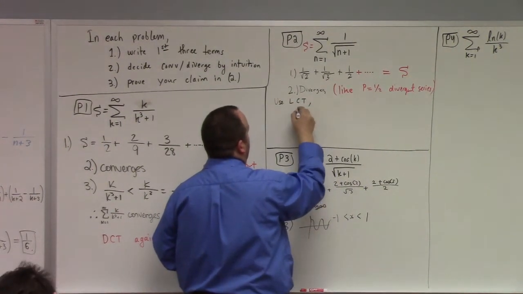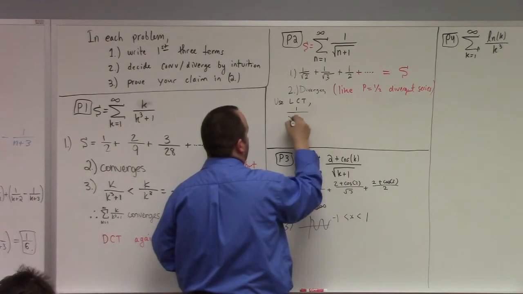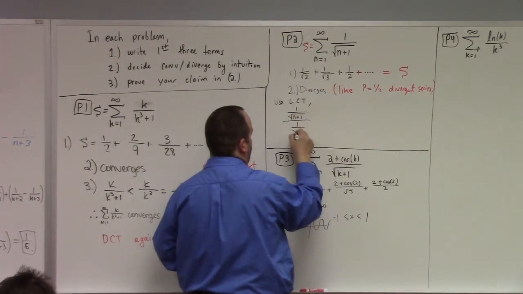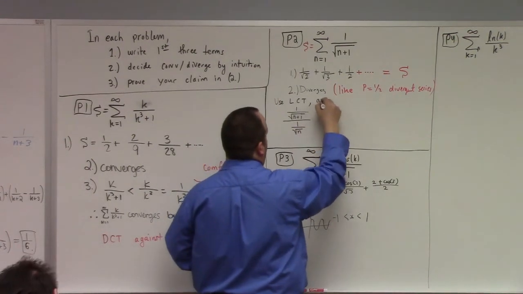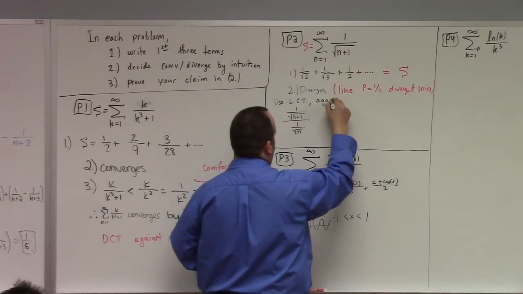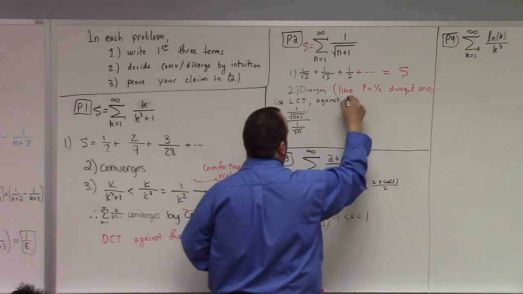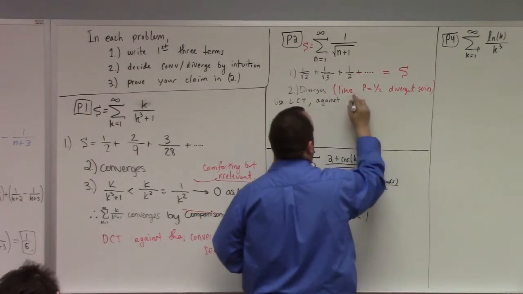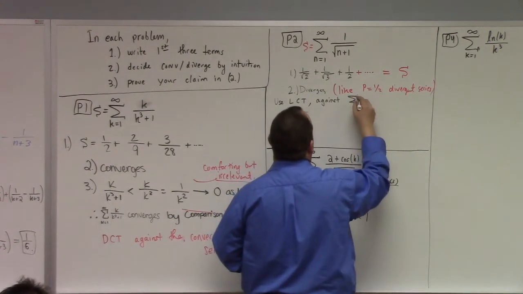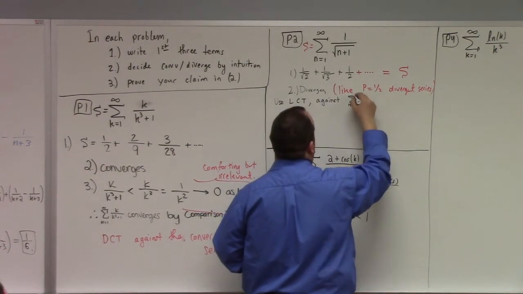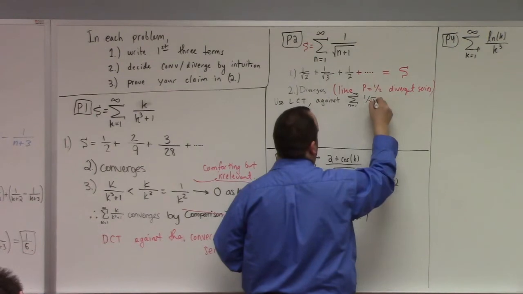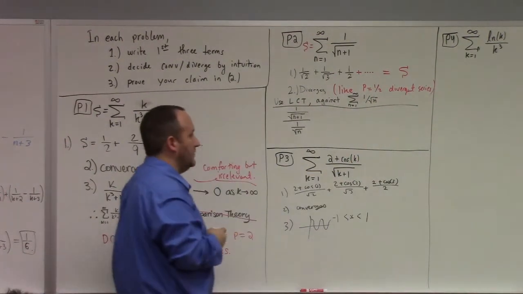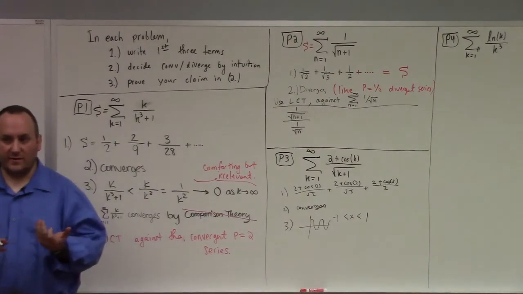So we're going to look at 1 over the square root of n plus 1 divided by 1 over the square root of n. Limit comparison against 1 over the square root of n. Well, to be fair, the sum from n equals 1 to infinity of 1 over root n, yeah? So I look at the quotient of a sub k over b sub k, right?